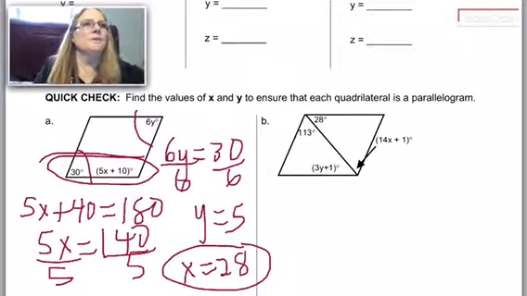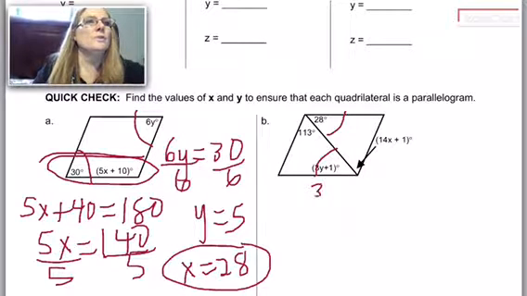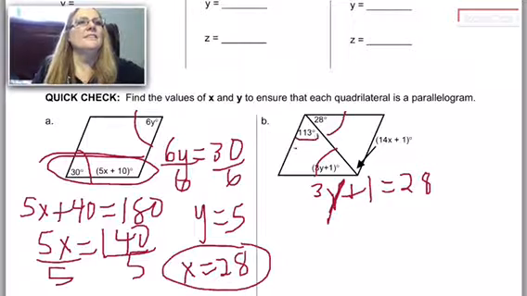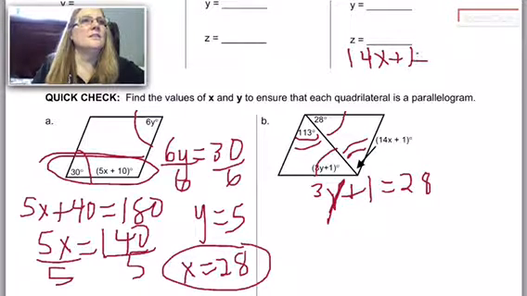Okay, last problem. These are alternate interior angles. So 3y plus 1, that's y, is equal to 28. And then these are alternate interior. So 14x plus 1 equals 113.